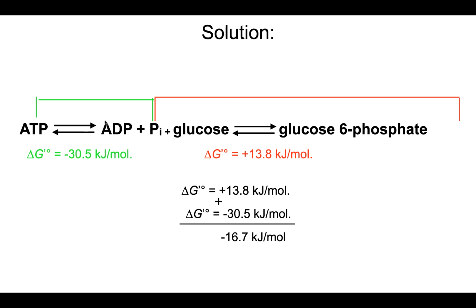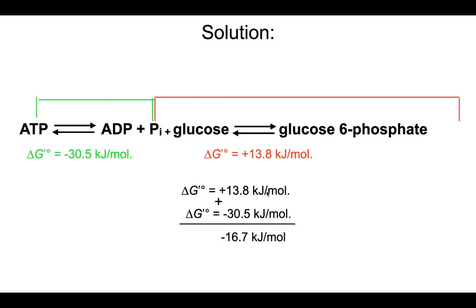Now this is our reaction that is very exergonic, more so than this reaction is endergonic. And that is the trick. Because to figure out the delta G of this entire reaction going from ATP to glucose 6-phosphate, you simply add the delta G's of each of the reactions together.